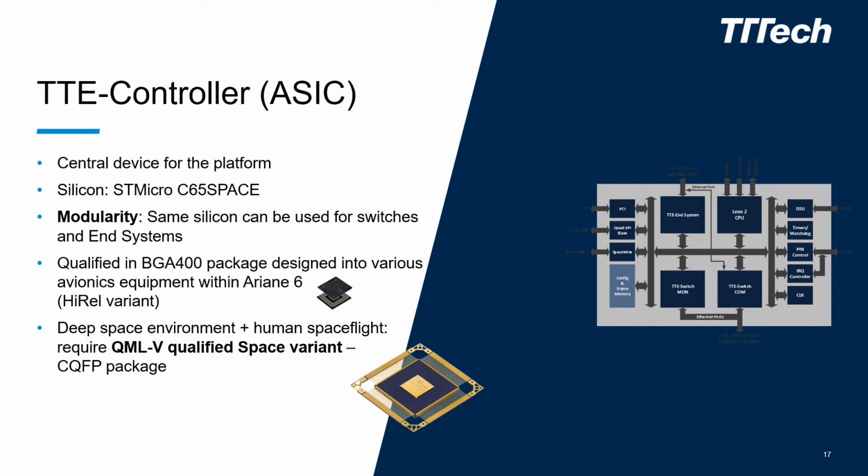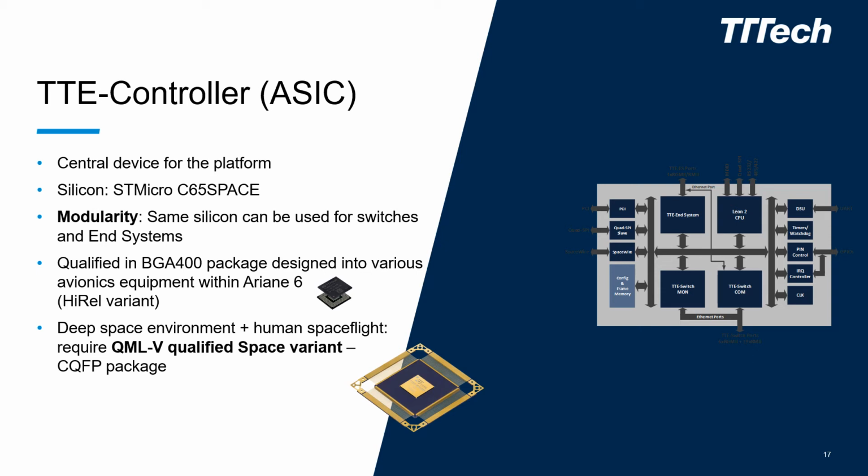At the core of the network is the TTE controller, which is an ASIC manufactured by STMicro with a C65 space process, so fully radiation hardened, and it allows to be used in both switches and end systems.